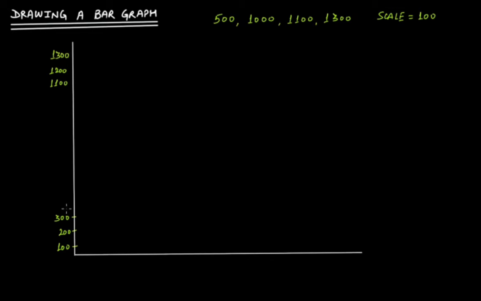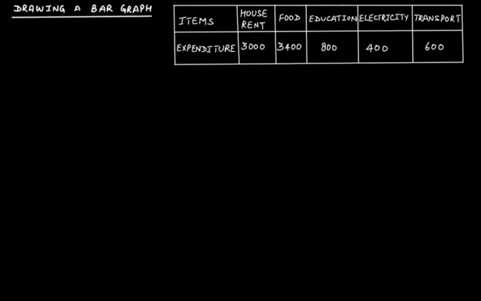After plotting the numbers having scale of 100, we reach up to here. In that case, we can cover 500 also, 1000 also, 1100 also, and 1300 also. So this was about the importance of selecting your scale in a proper way, right?